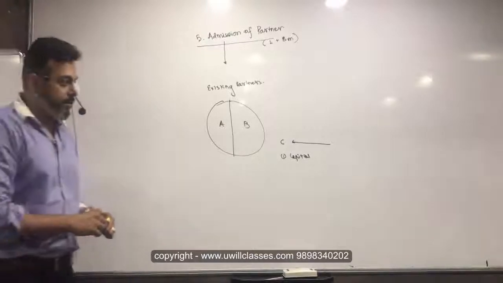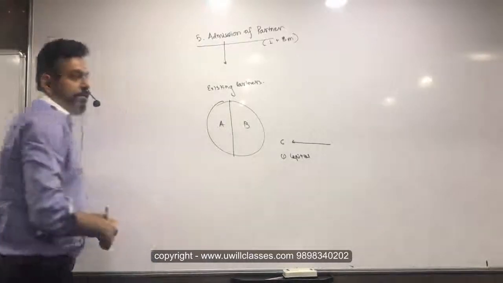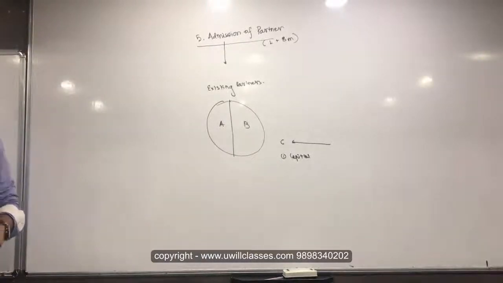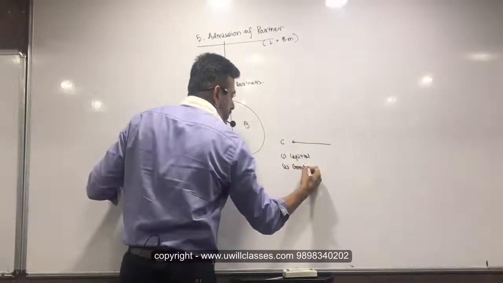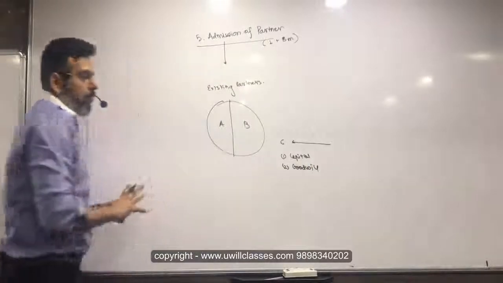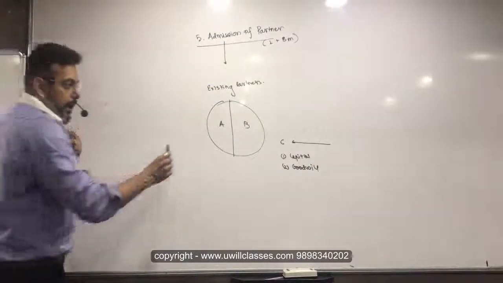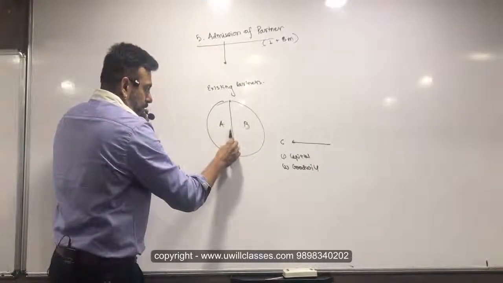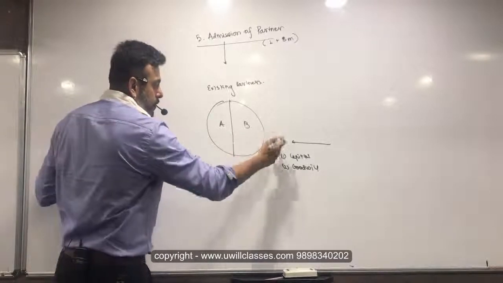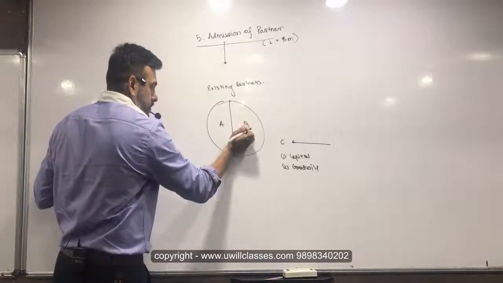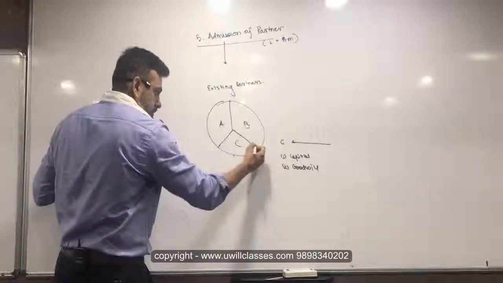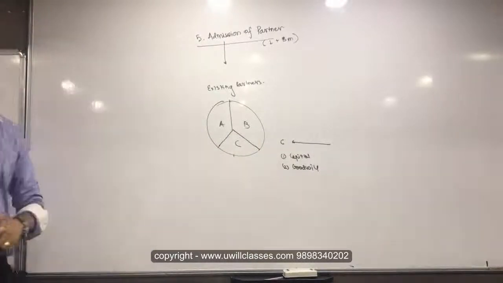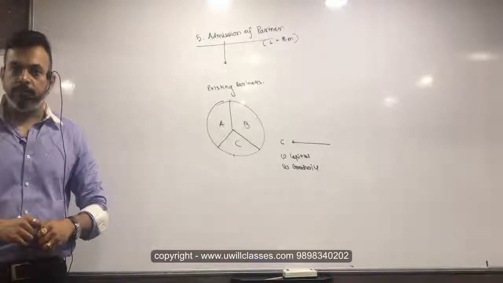Along with capital, what else will A and B demand? They will ask for goodwill. Now, keep these things in mind. What happens now? A and B were sharing profit and losses equally. The moment C comes, can I say A and B are sacrificing?